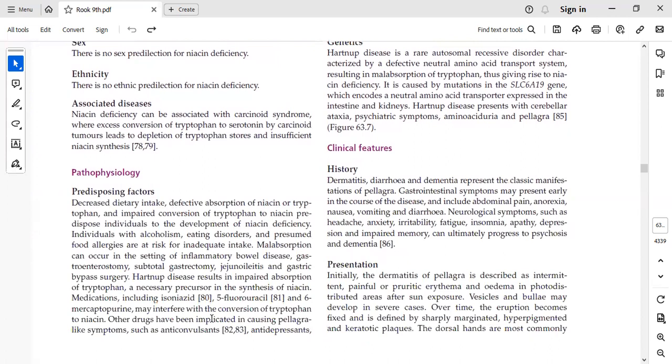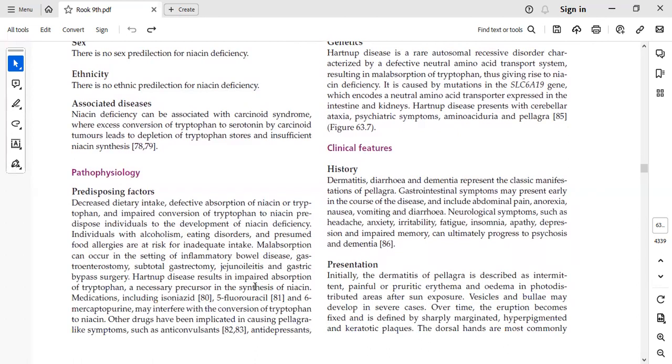The predisposing factors are, again, decreased dietary intake, or if there is defective absorption, as in case of malabsorption syndrome, or in IBD, or in patients who have celiac disease or Whipple disease, or they have undergone any bariatric surgery which halts the absorption of these nutrients from the gut, or there's some eating disorder, and again alcohol, the main culprit.